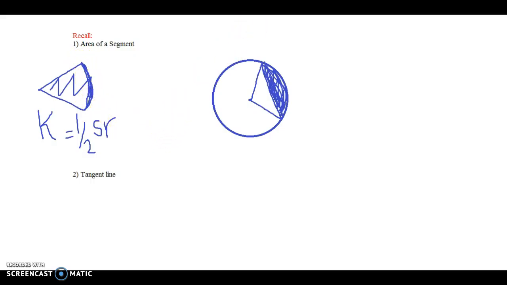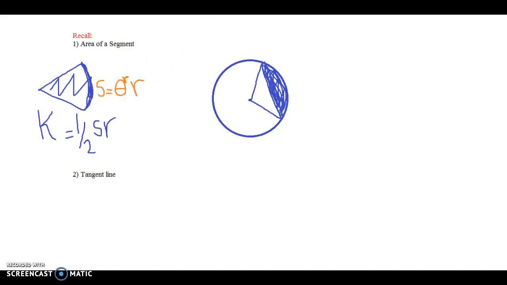And we actually also did S equals theta in radians times the radius. So I want to put a small r here so that you remember that we did it only when theta was in radians. So if I have the arc length and the radius, I can find the area of the sector.